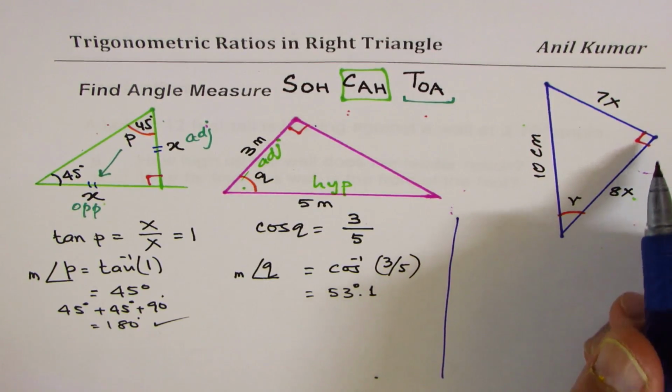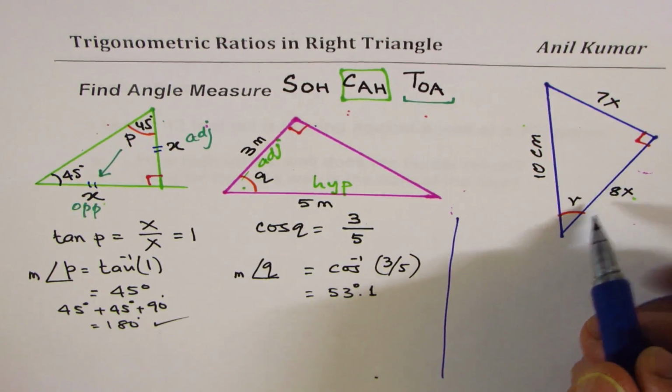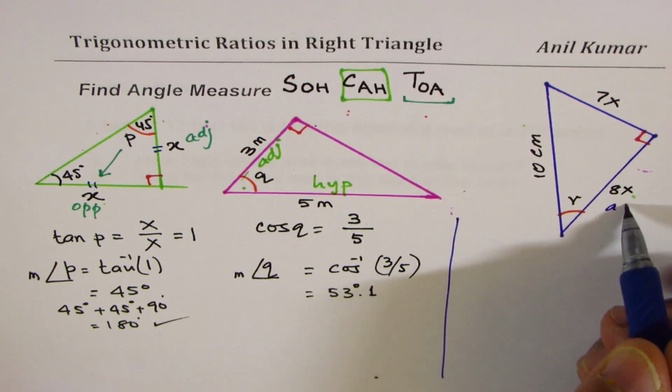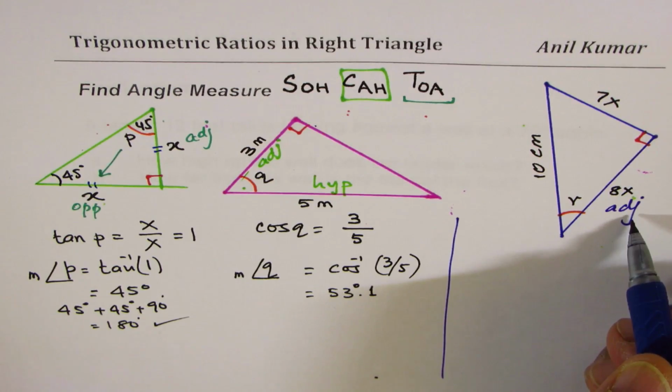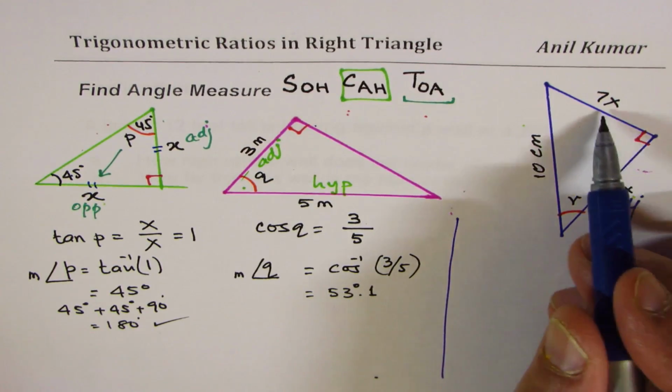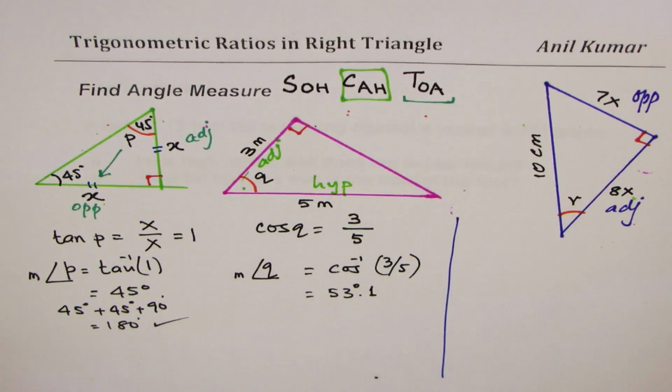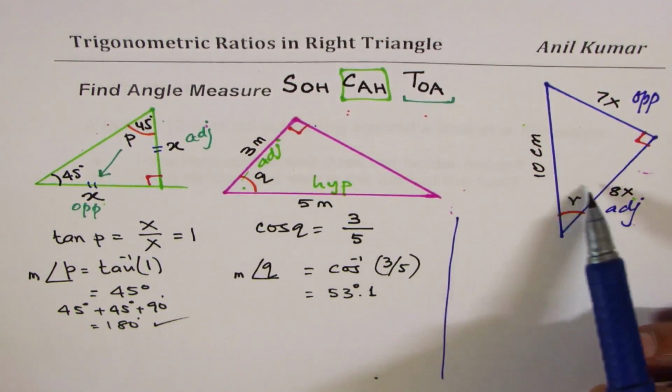What are we given? Besides this angle and 90 degrees, we are given the adjacent side. So this side is adjacent, right? And the other side is opposite. Well, here we are given the third side as 10 centimeters also. Now, which should you use?